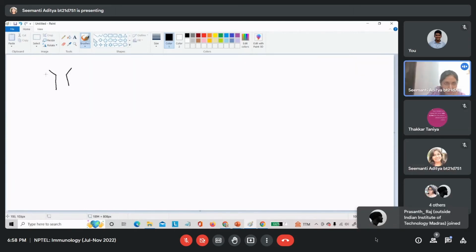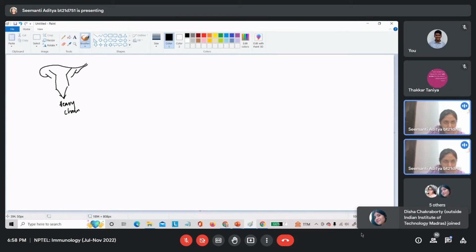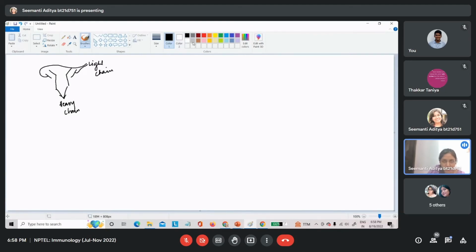Suppose this is your immunoglobulin molecule. This and this together form the heavy chain, and this is the light chain. Let me use different colors.